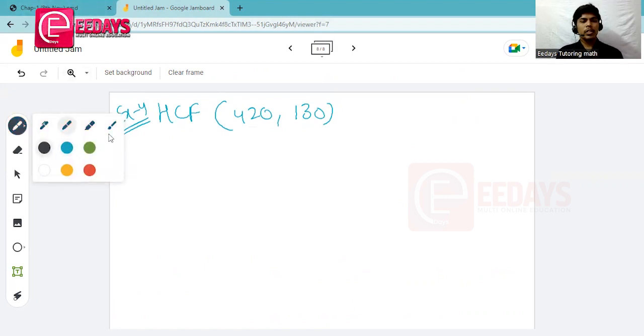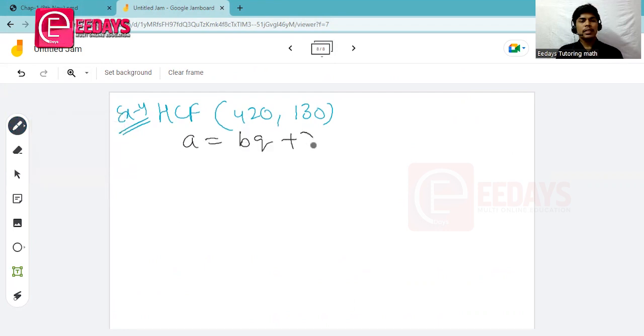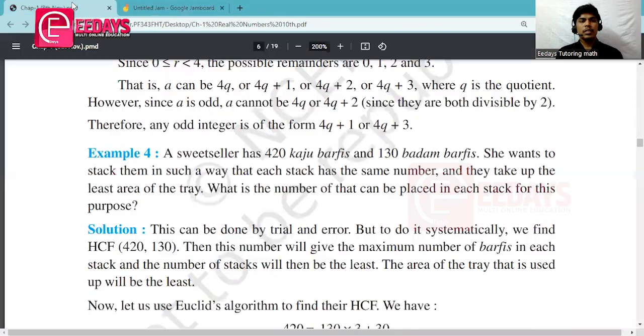So we just write the Euclid division lemma here: a is equal to bq plus r. Now let's write it here. First, we just take the first step. You can do the process till you get remainder 0. If you get remainder 0 in the first step, then you can just stop there. 420, how can we write? Let's do it in 130. We can do the division here. 130 times.